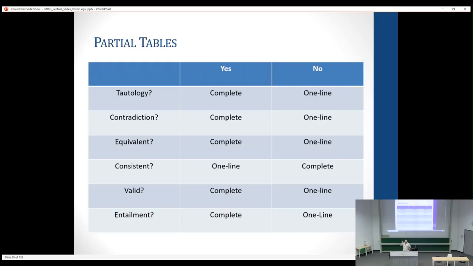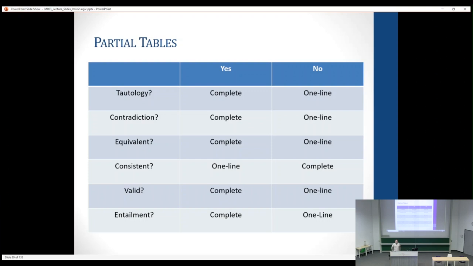What's that valuation got to do to prove that it's not a tautology? Yeah, it's got to be false, right? If we can come up with even one valuation where the sentence is false, we know it cannot be a tautology, because a tautology is true in every valuation.